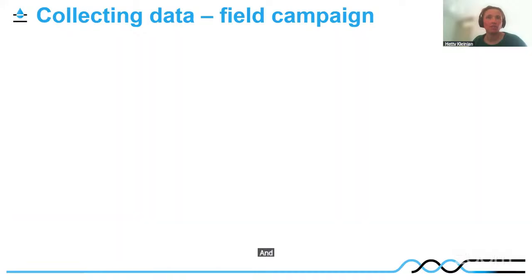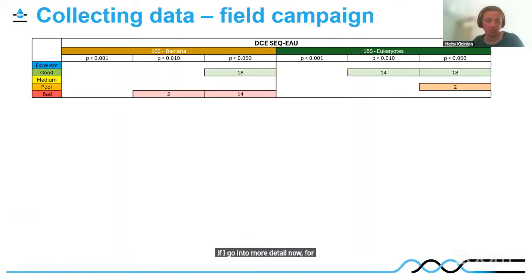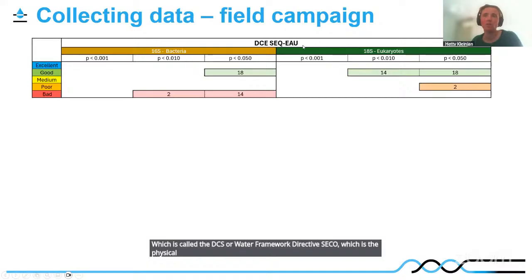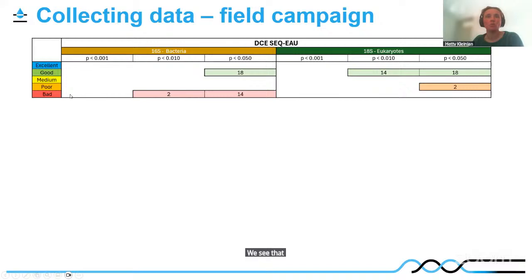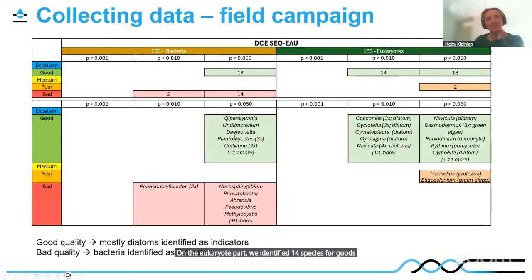If I go into more detail now, for example, for the one quality index, which is called the WFD SEC-O, the Water Framework Directive index for the physicochemical quality of water, we see that for the water quality classified as bad, we identified 2 bacteria with the most statistical significance, and on the eukaryote part, we identified 14 species for the good water quality class.